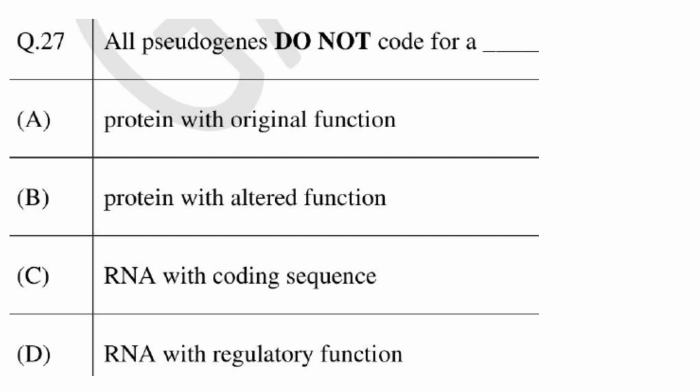Then next one. All pseudogenes do not code for A. So protein with original function, because pseudogenes are DNA sequences that resemble functional genes but they are unable to produce the original functional protein because they have mutations and deletions and other kind of disruptions.